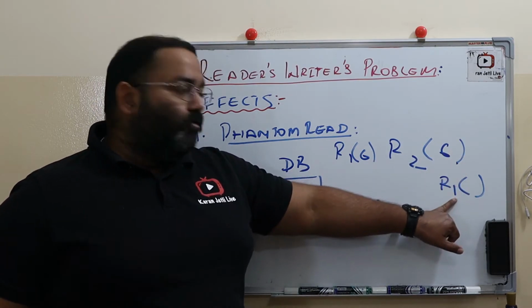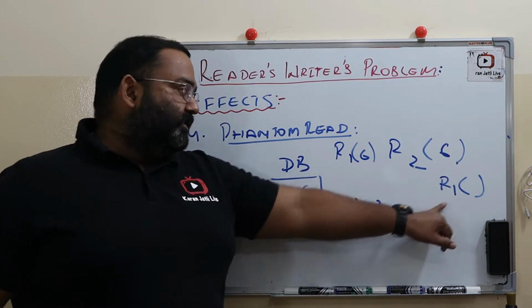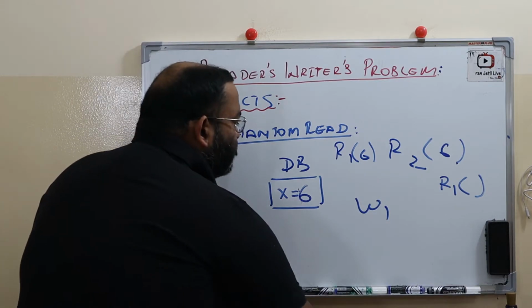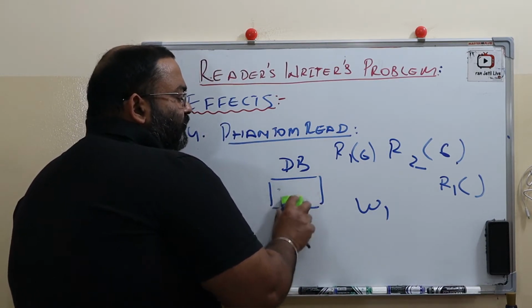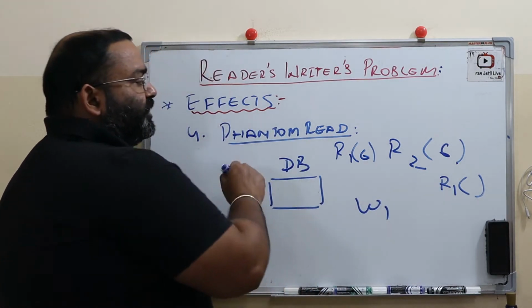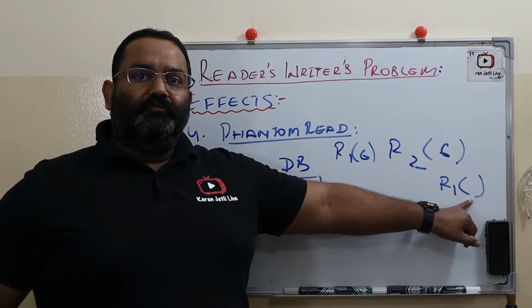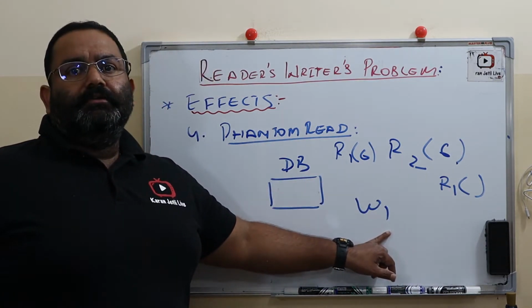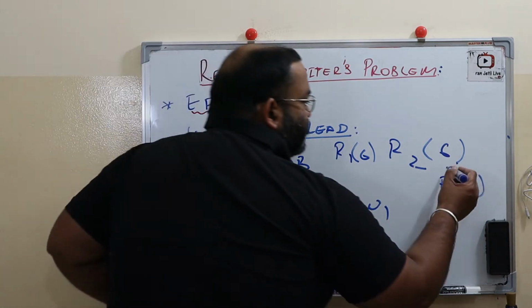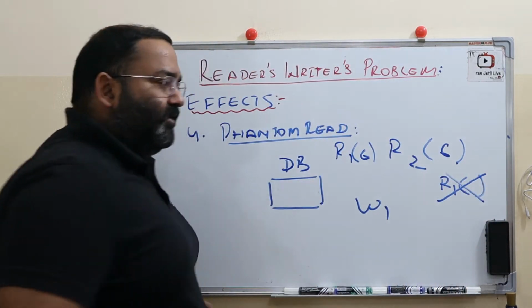But before R1 could read the database, my writer thread W1 deleted the value of X. Now R1 wants to read the database to get the value of X, but W1, the writer, already deleted the value of X. So this read operation will fail, isn't it?